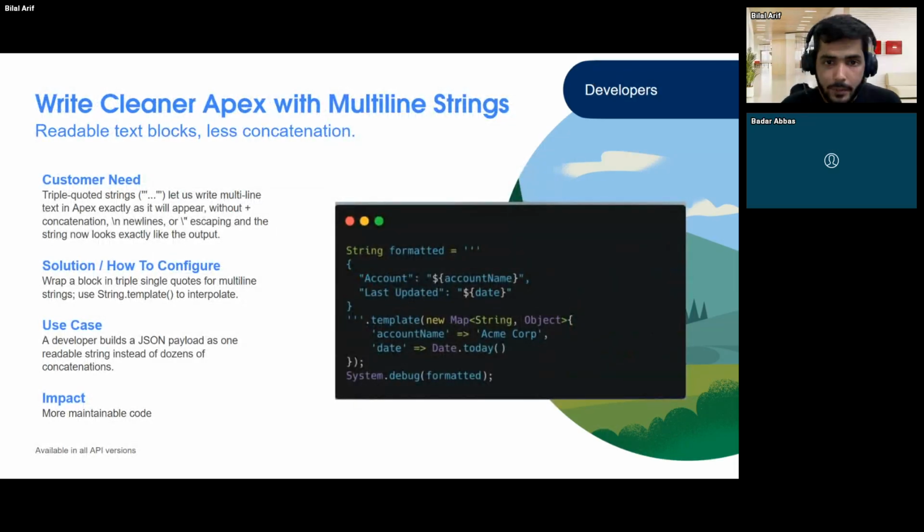Write cleaner Apex with multi-line string. This is a very hidden, not that important feature according to Salesforce. Very hard to find, but this is extremely, extremely useful. Since previously, in order to set up, let's say, a JSON payload, you had to specify different concatenation operations, backslash n, plus sign, all of that.